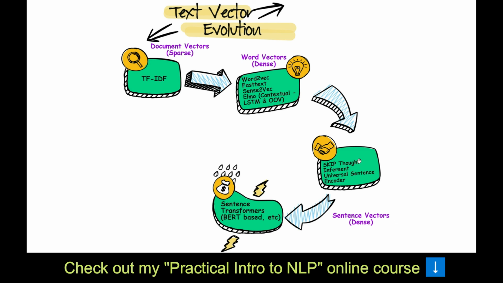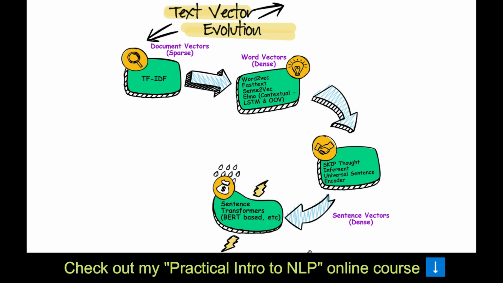So algorithms like skip-thought vectors, InferSent, and Universal Sentence Encoder (USE) improved on word vectors and tried to give us sentence or document vectors straight away, of higher quality, that we can use for comparisons. But still they had some shortcomings, in the sense that the vectors are not of high quality.